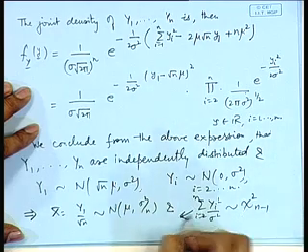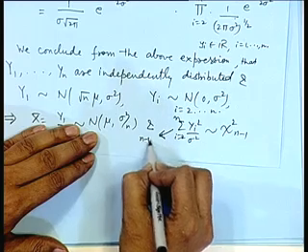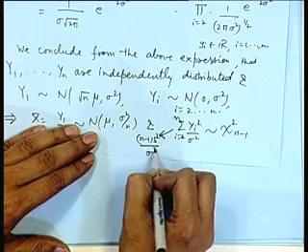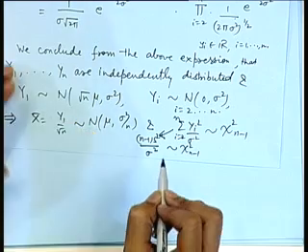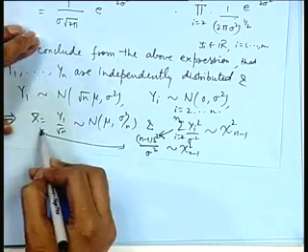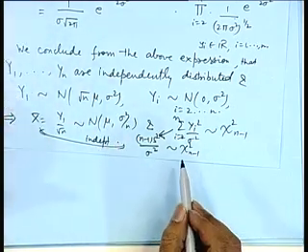But this term is nothing but n minus 1 s square by sigma square. So, that is following chi square on n minus 1 degrees of freedom, and further these two are independent. The result which we had proved using the moment generating function, we have proved using transformations of the variables also.